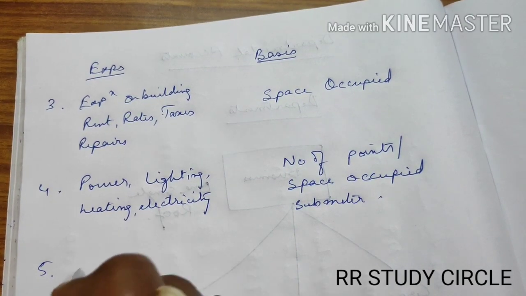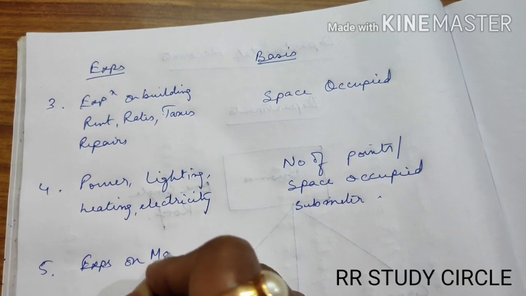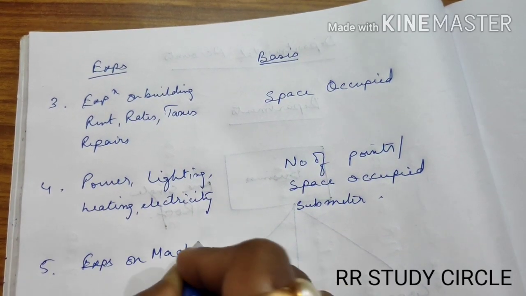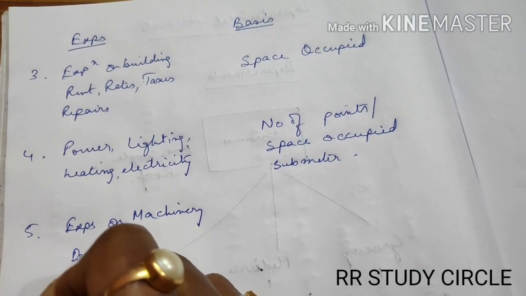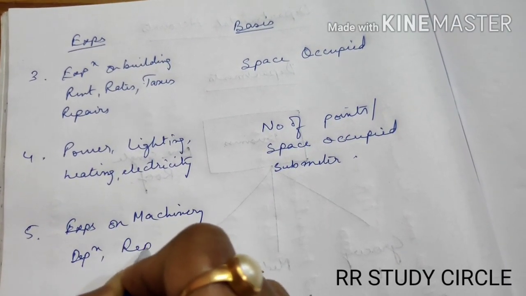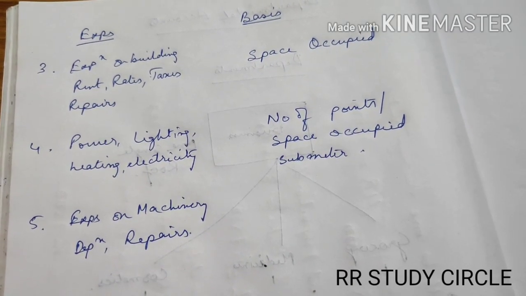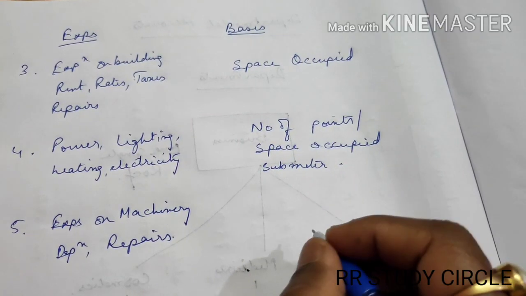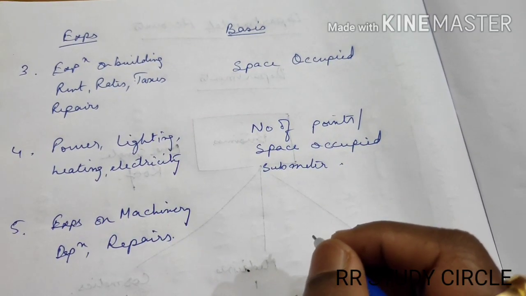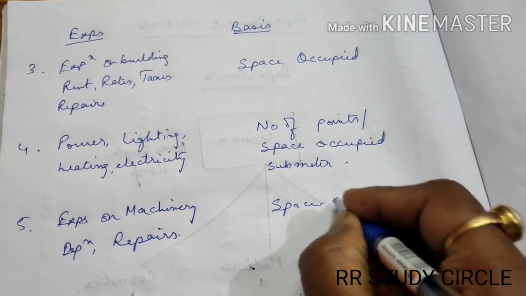Now expenses on machinery. What might be the expenses on machinery? For example, depreciation, repairs. Now these expenses are to be allocated to the various departments. On which ratio? On the basis of space occupied by machines in each department.